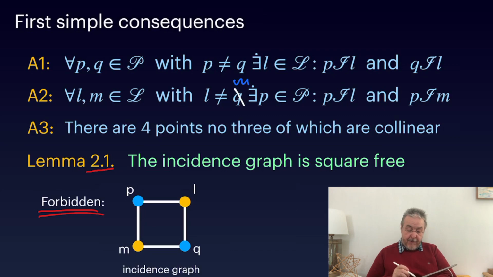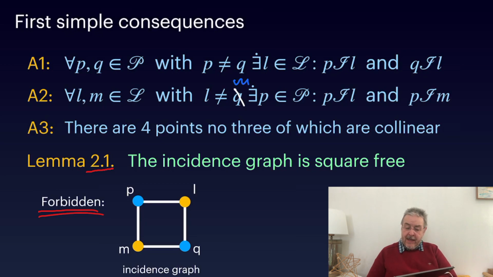So if you have 2 points, say P and Q, there should be only one line incident to them, but here you see there are 2 lines. So this cannot happen. And similarly, if you have 2 lines, then there should be only 1 point incident to both of them.